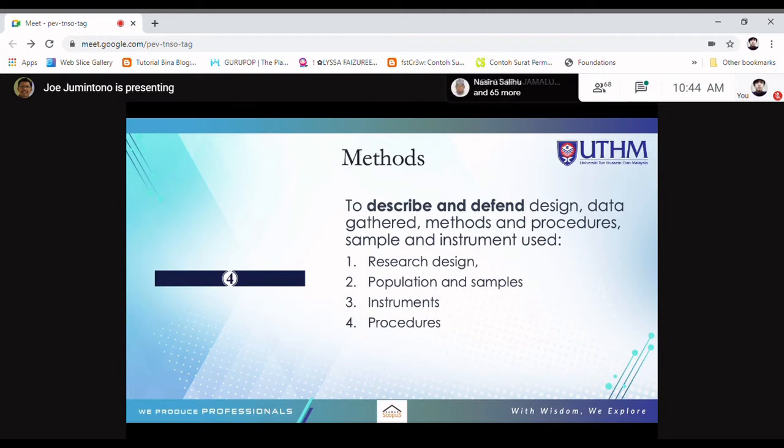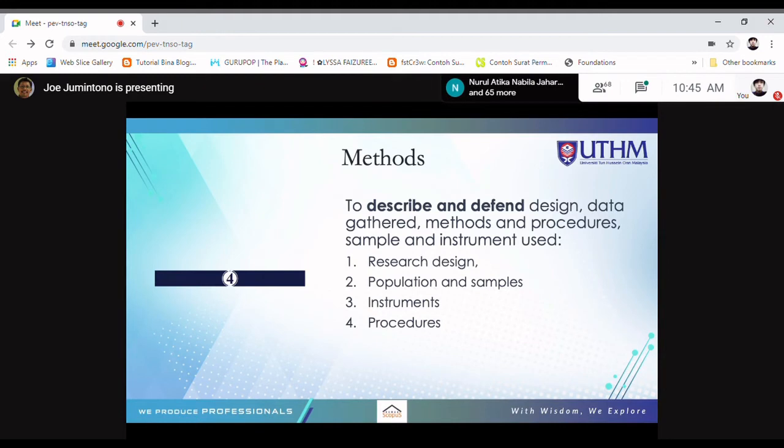The procedure here is the sequence of how to find the data, followed by the data analysis. The data was analyzed with triangulation, for example. You just put from the research report into this paper. So the method here consists of 4 parts, and they are written narratively, not as bullets and numbers.